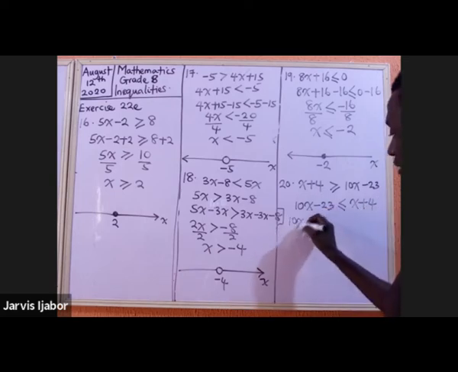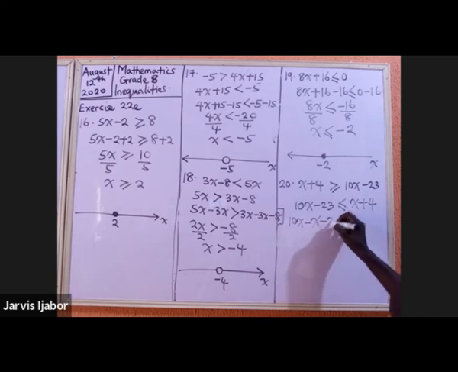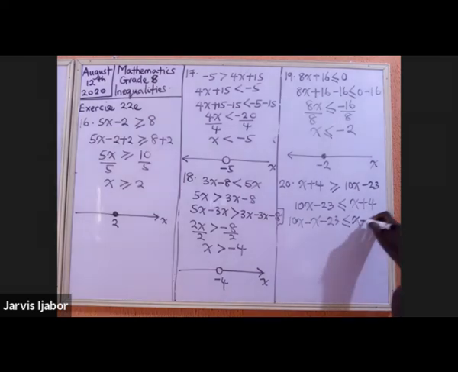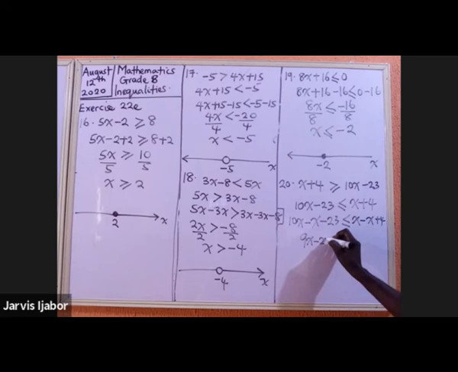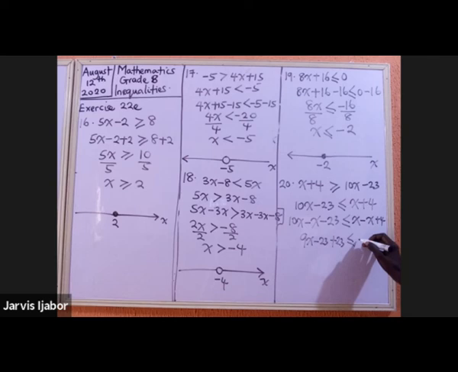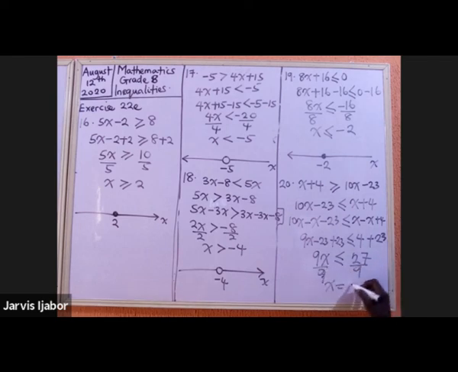So I'll take 10x minus x minus 23 less than or equal to x minus x plus 4. So that will give me 9x minus 23 plus 23, because we need to move it to the other side, less than or equal to 4 plus 23. So that will mean 9x will be less than or equal to 27. I'll divide both sides by 9. x will be less than or equal to 3.